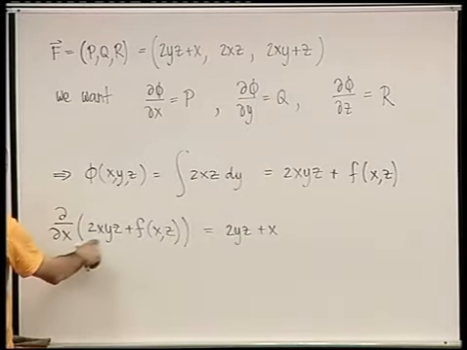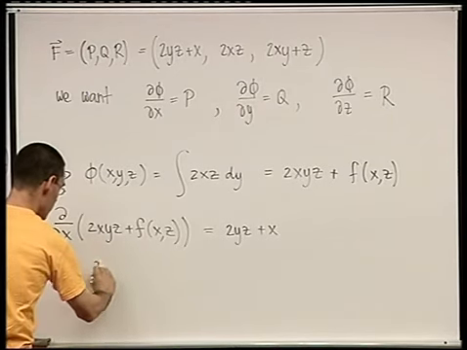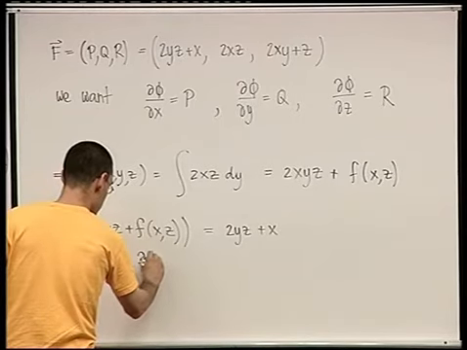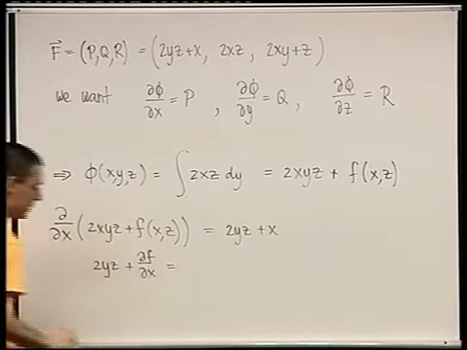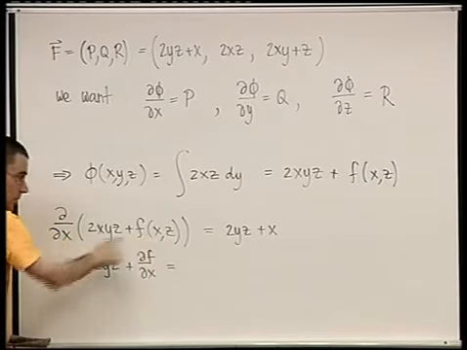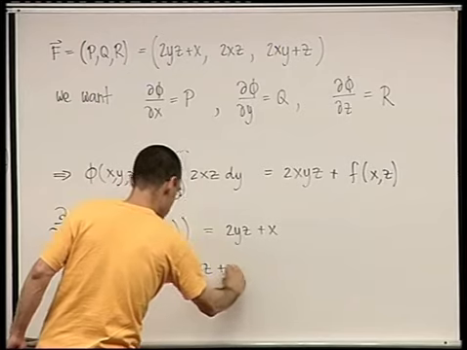So what's the derivative with respect to x of this thing? It's 2yz plus the derivative of f with respect to x. Good? That has to equal 2yz plus x.